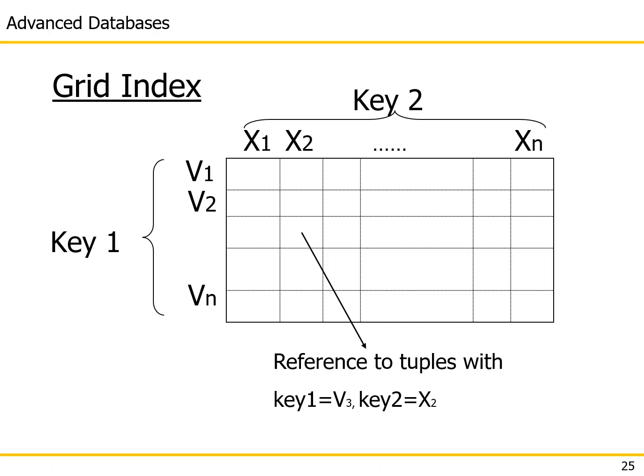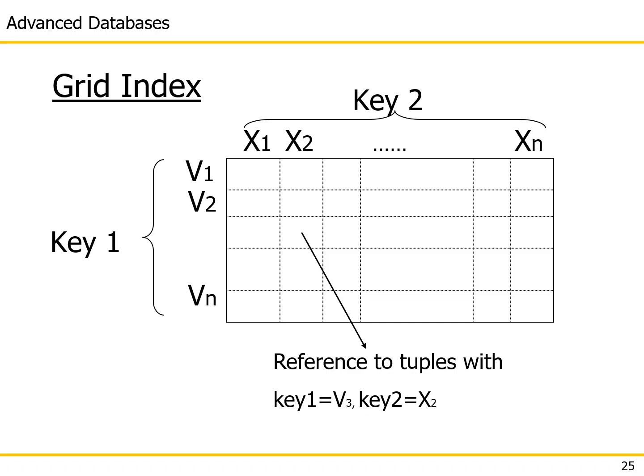The intersection of a V row and an X column is going to be a cell that has references to all the rows that match the particular V and the particular X we are trying to address. So this is the layout if you have a grid index on 2 columns.